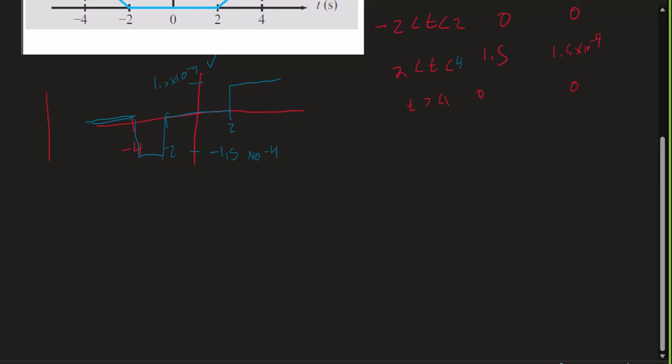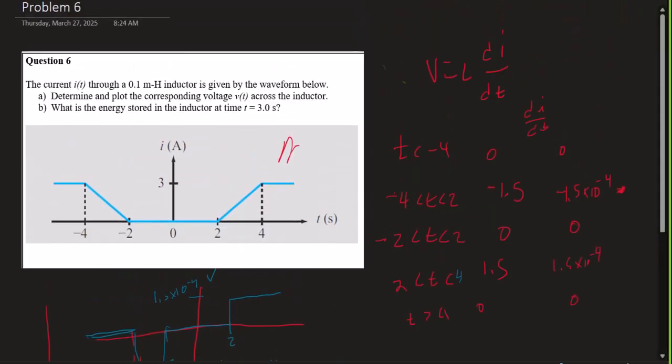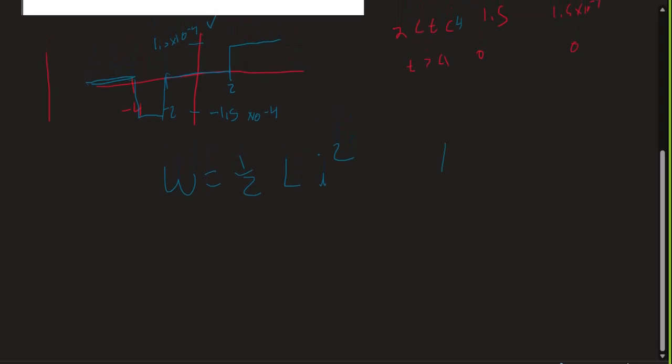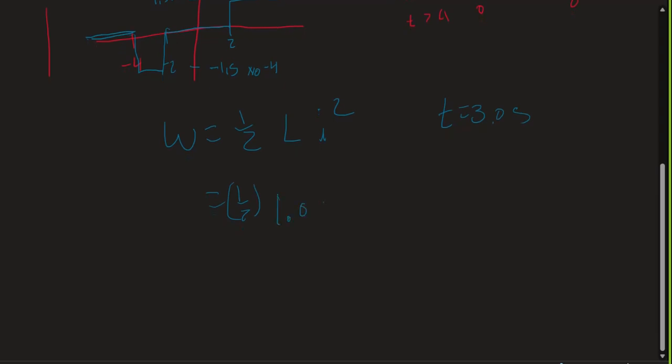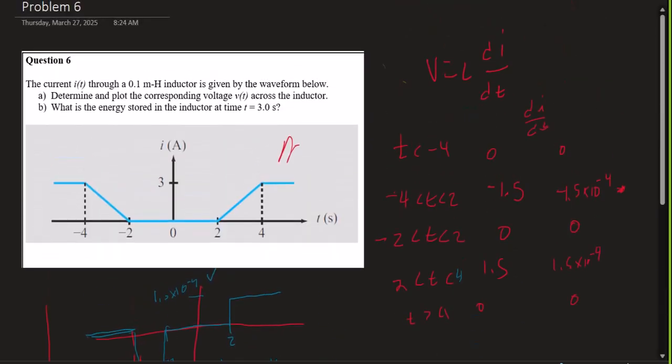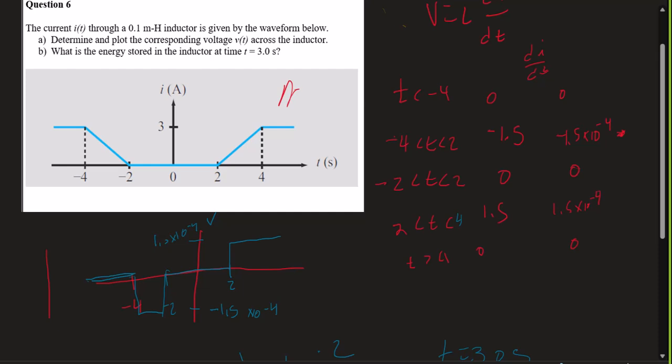What is the energy stored in the inductor at time t equals 3 seconds? Well, what's the formula for the energy in an inductor? The energy is 1/2 L i squared. And it's asking for the energy at time t equals 3 seconds. So that would be 1/2. L we know is 0.1 milli, so that's 0.0001. What is i at 3 seconds?